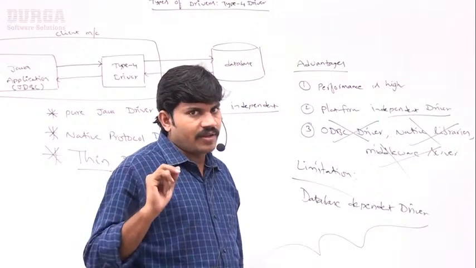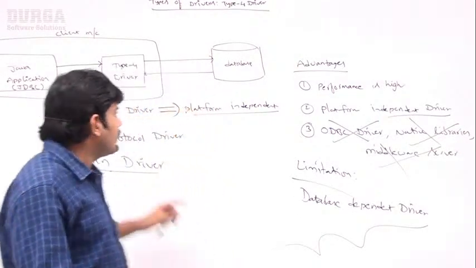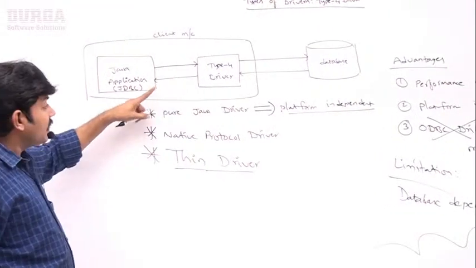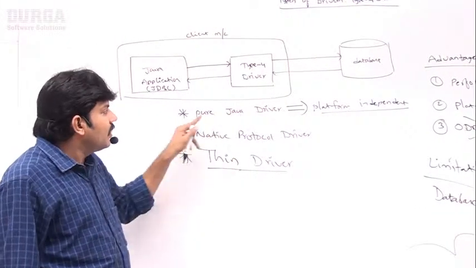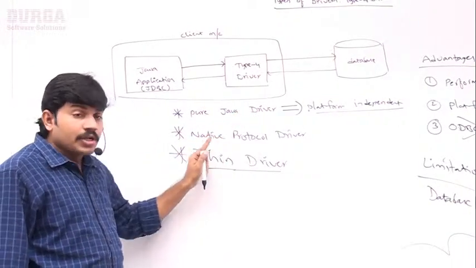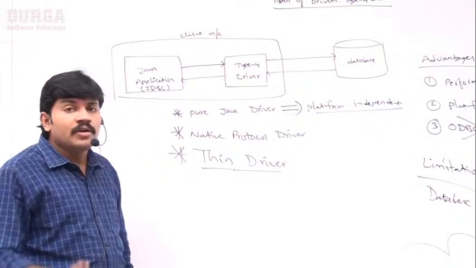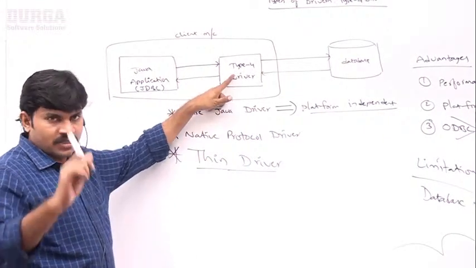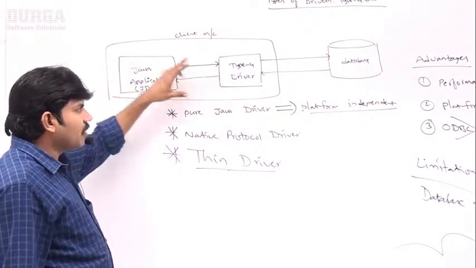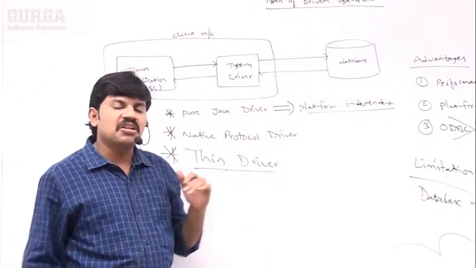What is the type 4 driver? What is the functionality? What are the various other names? Why is this driver considered a pure Java driver, native protocol driver or thin driver? What are the advantages and limitations? This driver converts JDBC calls into database specific calls directly.